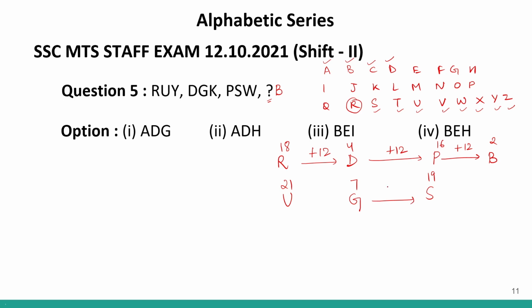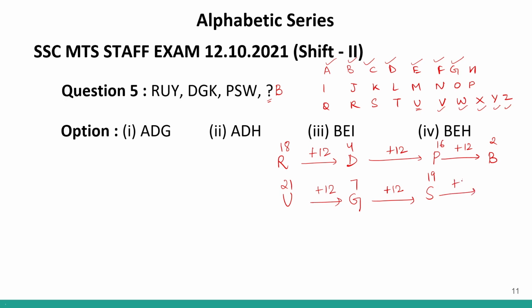So here also I can see plus 12. And from 21 to 7, I can see minus 14. Now we saw that minus 14 is basically plus 12 only. So this is also plus 12. If you want to confirm, let us confirm. From U to G, if I have to go plus 12, 1, 2, 3, 4, 5, 6, 7, 8, 9, 10, 11 and 12, I will get G. So this is also plus 12.